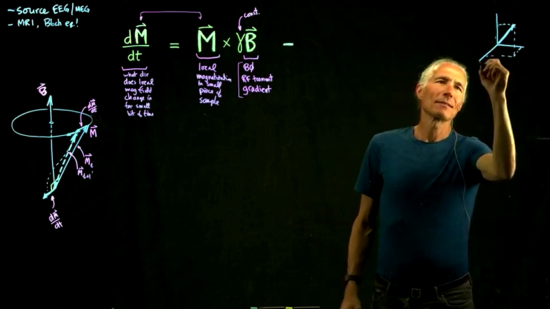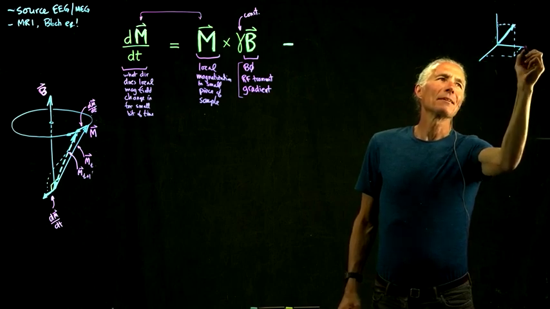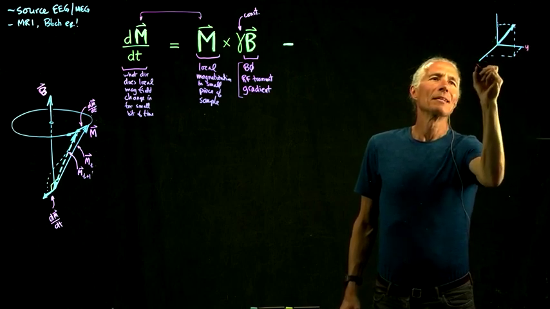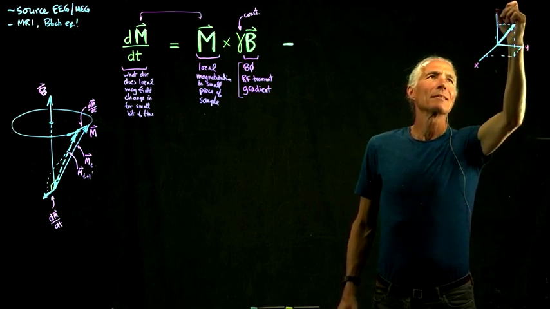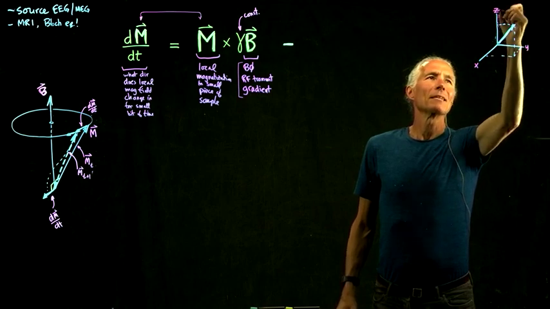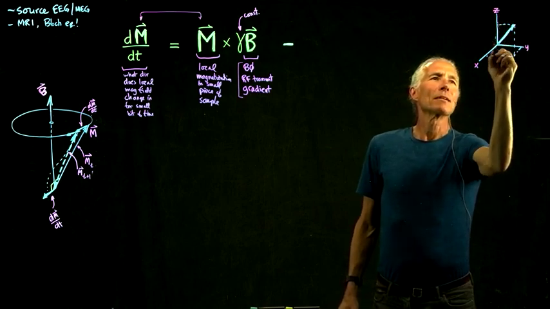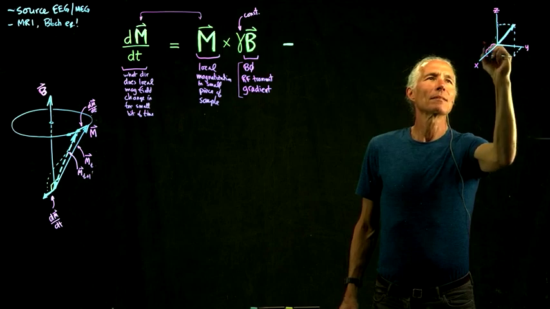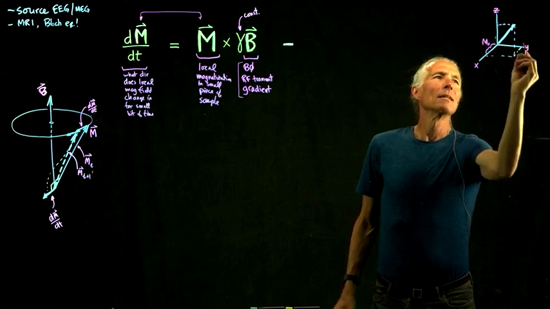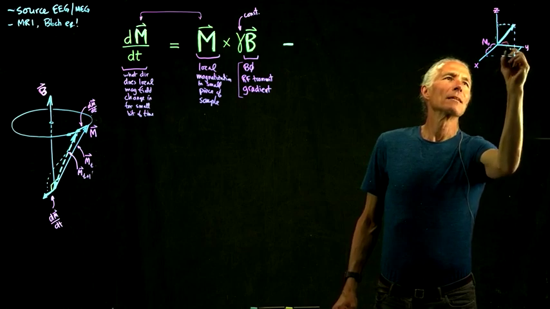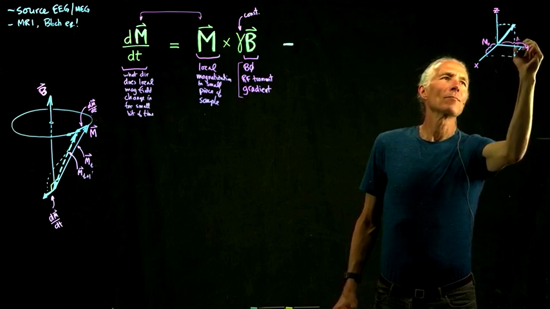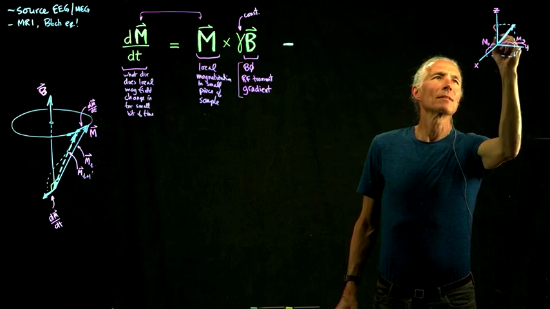If we call that guy the Y, and this guy the X, and this guy the Z. So, here's the X component, so that's the MX. And then this guy would be the MY, and this guy would be the MZ.